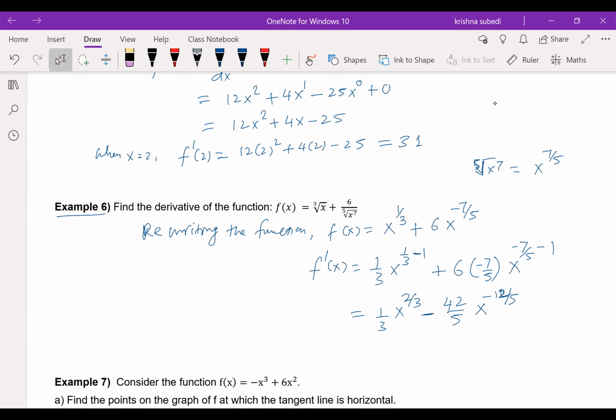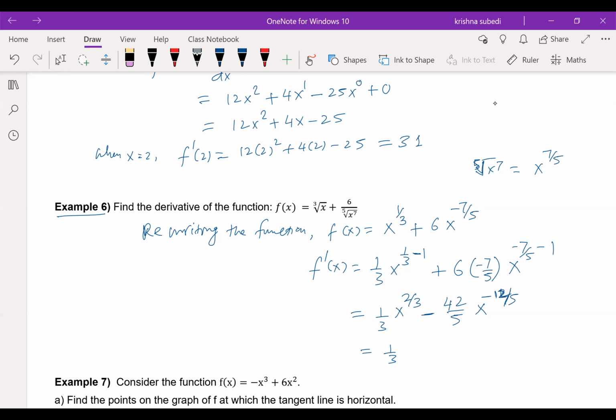So this looks a little ugly, so let us write it in a nice way. You can leave this like this, but if there is a negative sign, I suggest you change it by making it positive and bringing it down. But that's the derivative. Let's do a little algebra. By the way, this is negative 2 over 3.